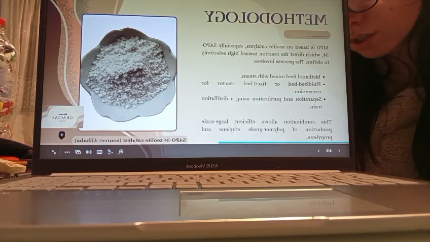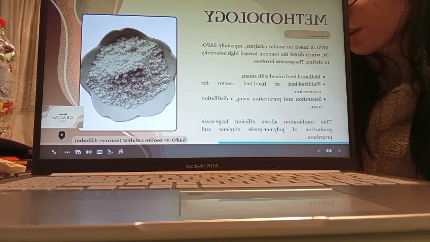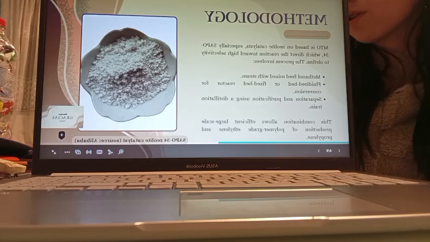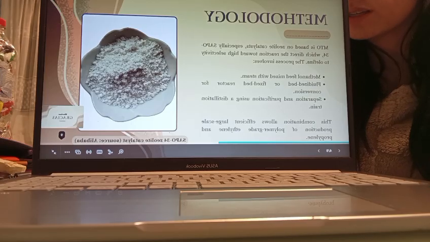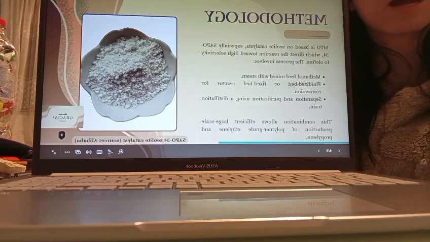Then the mixture is sent to a fixed bed reactor where methanol is converted into hydrocarbons. Finally, the reactor products go through a complex separation section to isolate polymer grade ethylene and propylene.